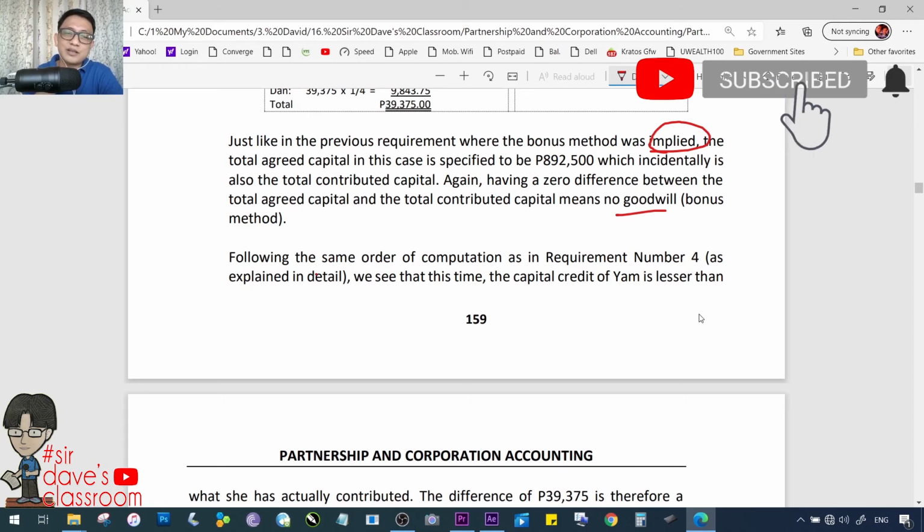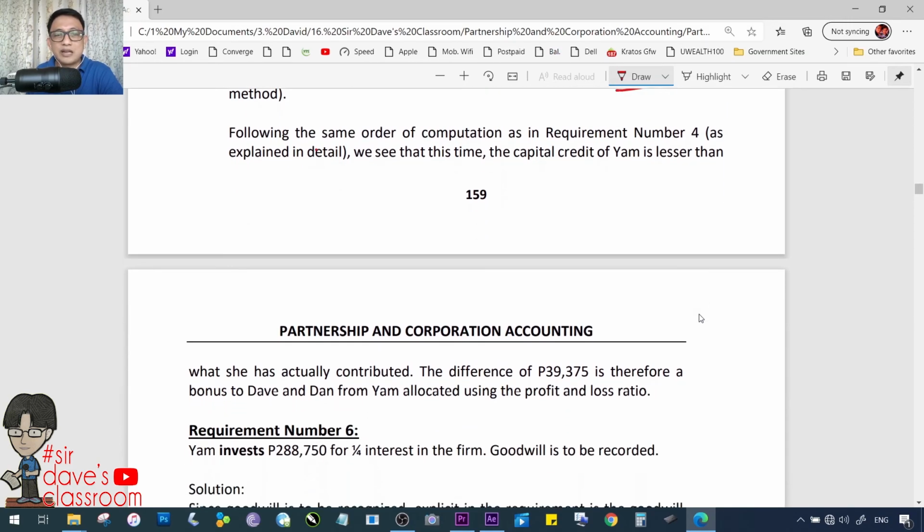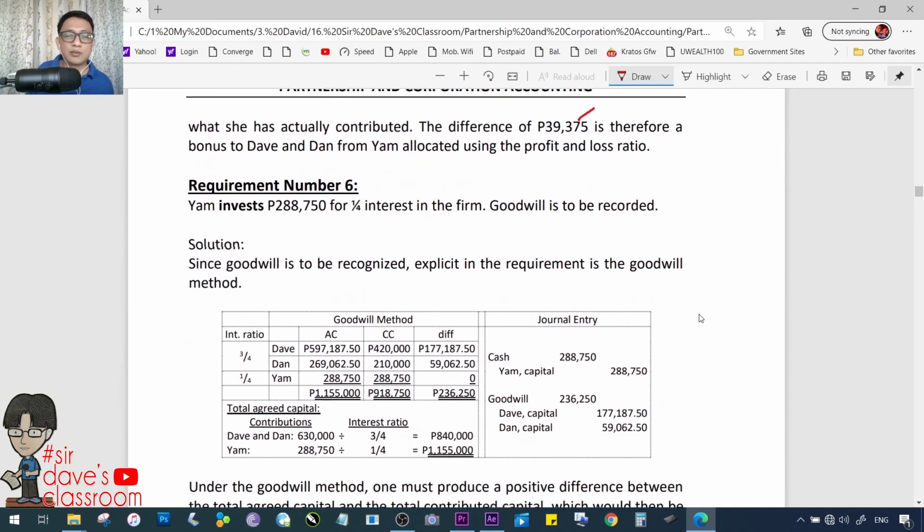So, ang kinalabasan, hindi po pwedeng net investment method kasi may nasaktan, may nasiyahan eh. The following the same order of computation in requirement number 4, as explained in detail, we see that this time the capital credit for YAM is lesser than what she actually paid or contributed. The difference is therefore a bonus kasi yung masakit niya, yun ang ikinasiya nung dalawa.